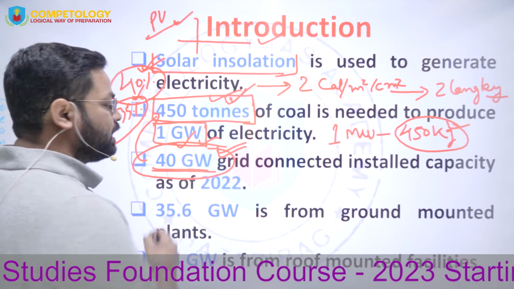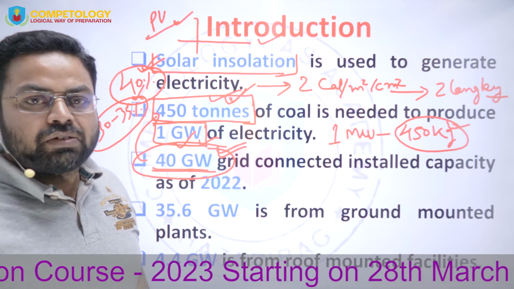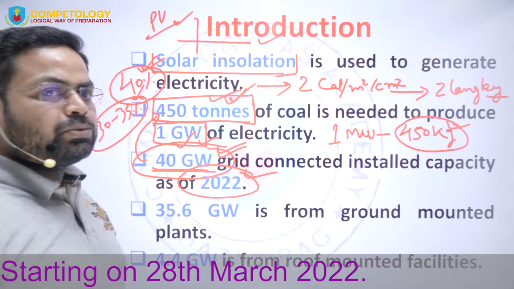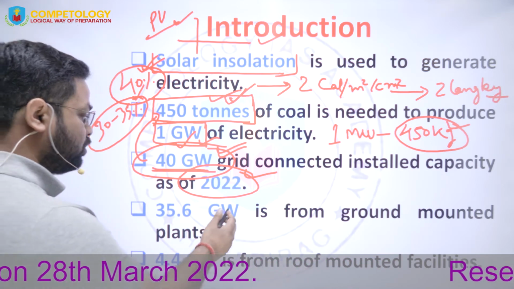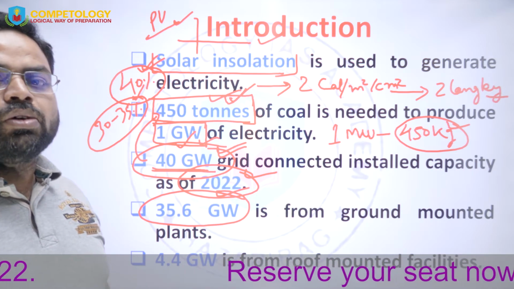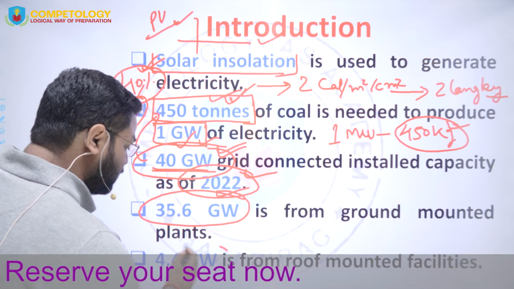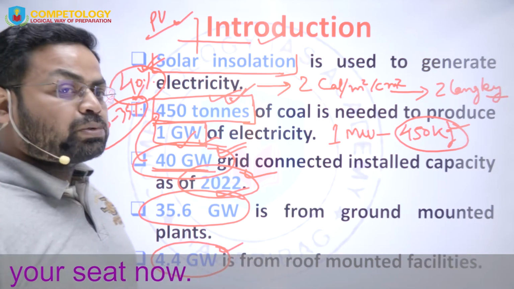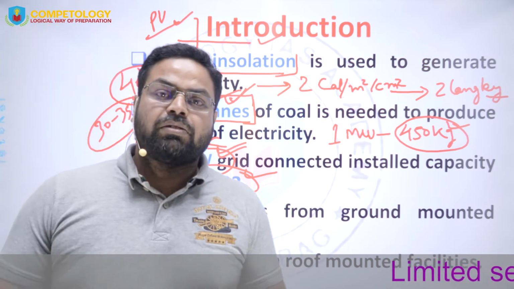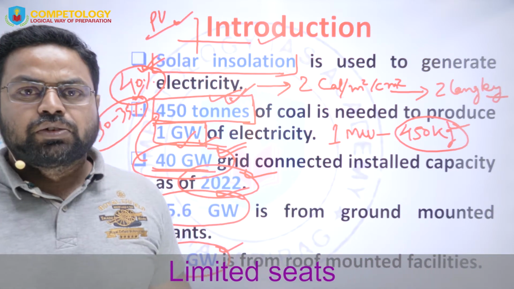Here grid connected solar energy production is of the tune of 40 gigawatts, and this is the data up to 2022, and out of this 35.6 gigawatts are ground mounted solar power plants, and the rest, 4.4 gigawatt, is produced from roof mounted facilities, like small solar power plants installed on office rooftops, malls rooftops, and various other rooftops.